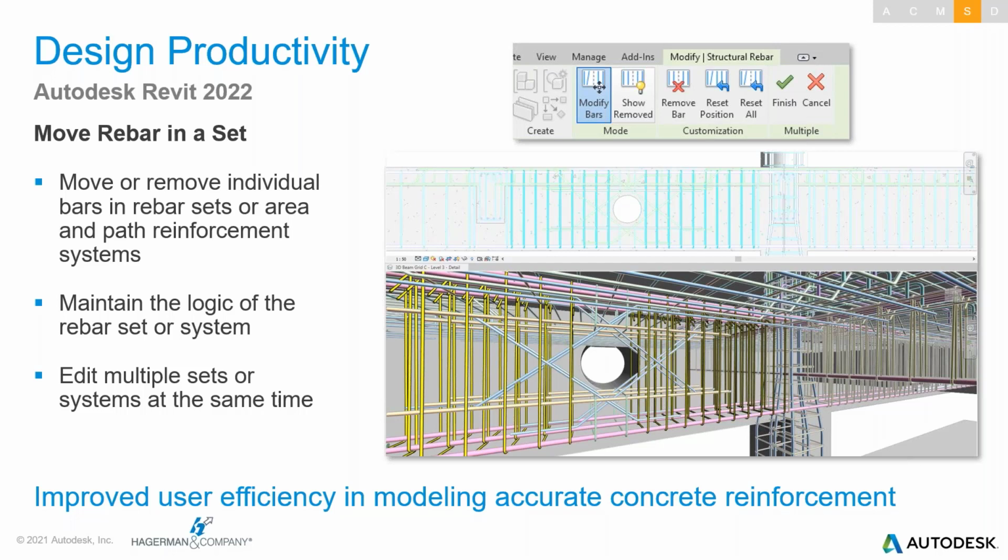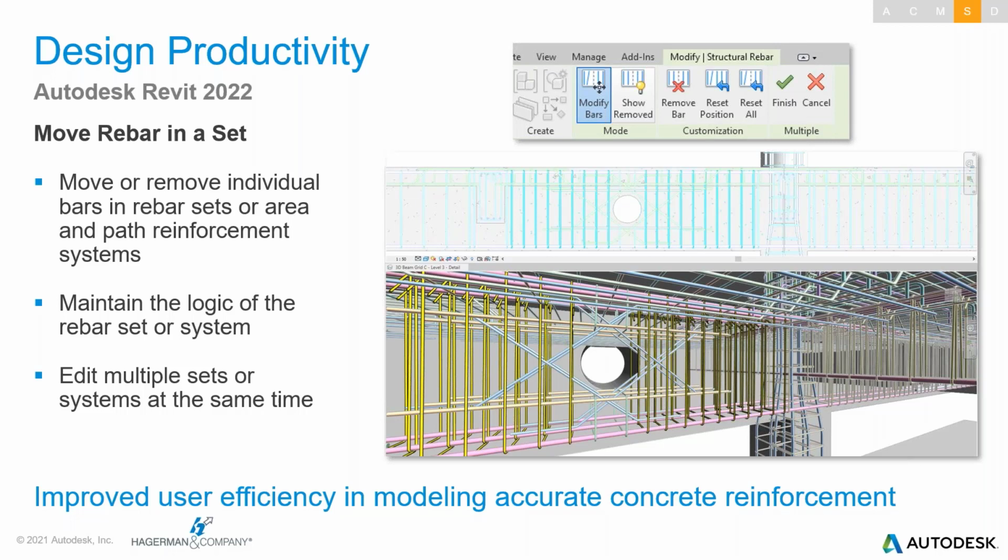Structural engineers and detailers can now move or remove individual bars in rebar sets or area and path reinforcement systems to avoid clashes with other rebar or openings or other elements while still maintaining the logic of the rebar set or system.